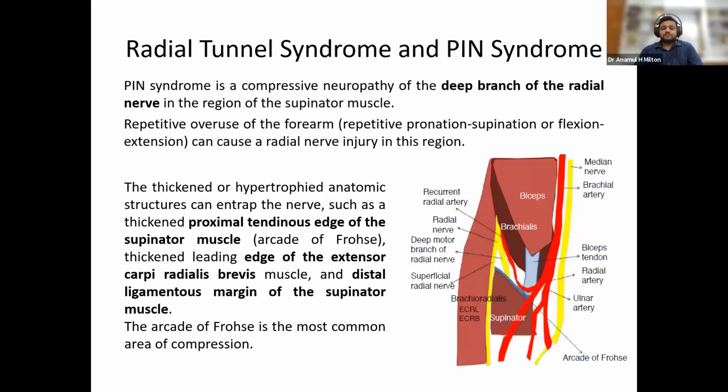Okay, then the radial tunnel symptoms and the posterior interosseous symptoms.